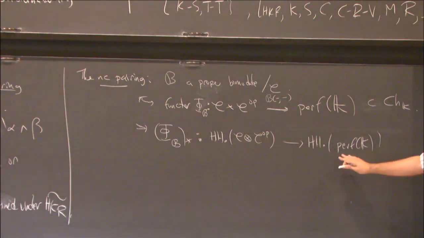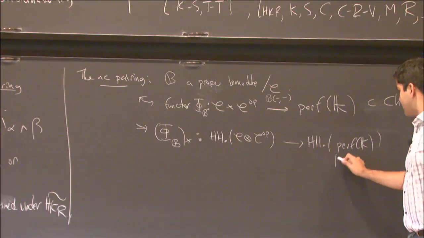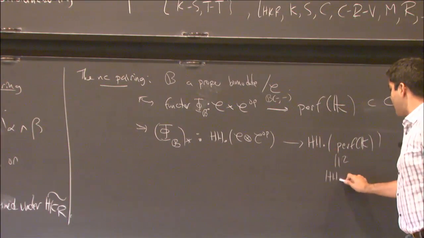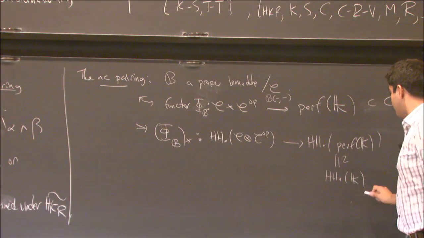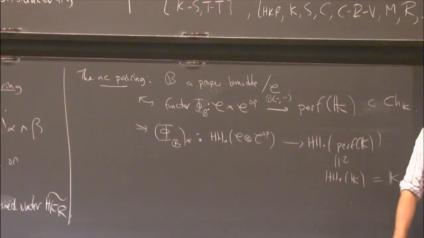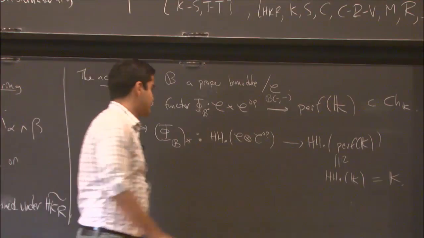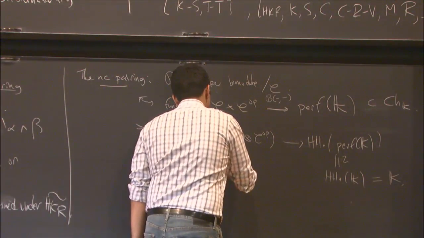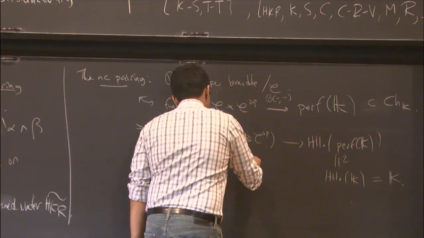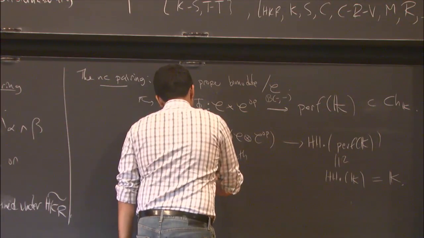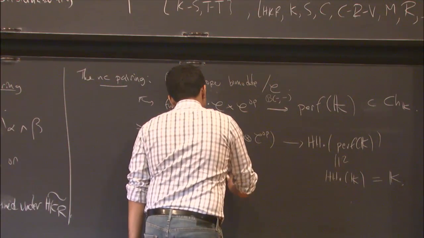But Hochschild homology is a Morita invariant. So Hochschild homology of perf k is Hochschild homology of k, which is k. On the other hand, Hochschild homology of C tensor C op obeys a Künneth formula, so this is the tensor product of Hochschild homologies.